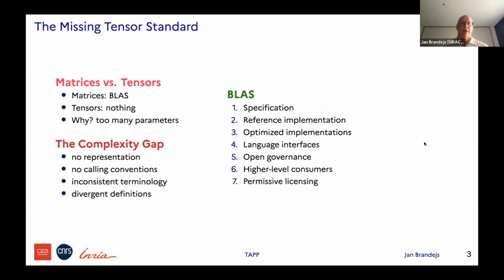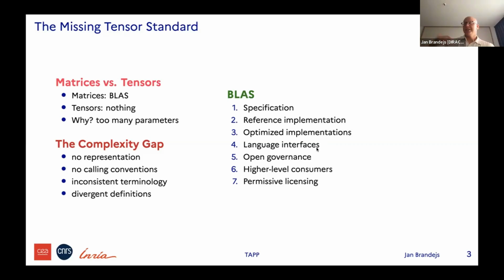So TAPP, why do we need TAPP? It is because for matrices there is BLAS. Everybody who writes high-performance code knows about BLAS, and that consists of a specification, a technical specification of the interface. Then there's a reference implementation, and there are multiple very highly optimized implementations available, including MKL, for instance.